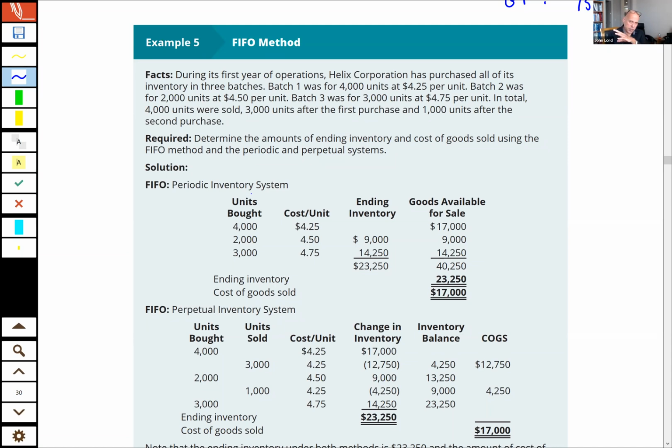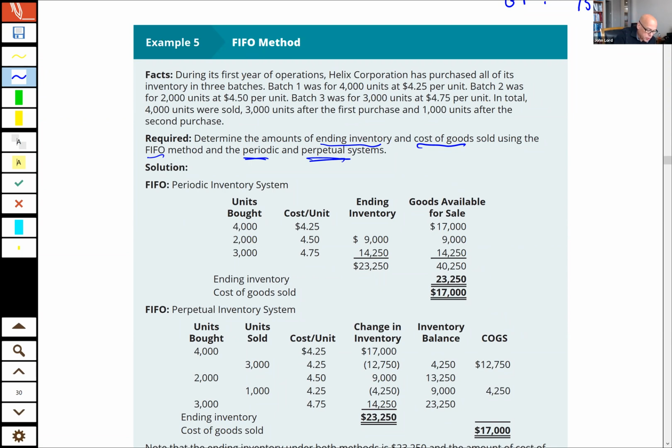Okay, so these examples that we have coming up are very, very useful to you to help you in the event that you were to get a task-based simulation that asked you something like that. Okay, and what's interesting about this question is not only did they ask you to get cost of goods sold and get ending inventory using FIFO, they also asked for the periodic and perpetual method. So this is a pretty comprehensive example here, right?